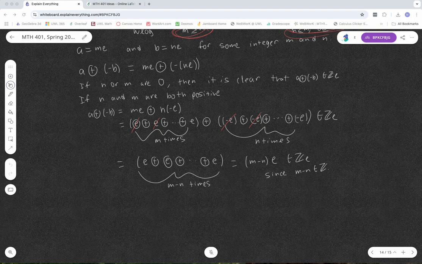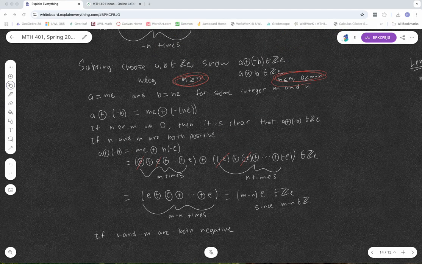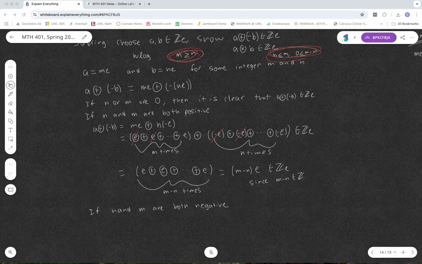If they're both positive, then we get this result. If N and M are both negative, note that this only applies when they're both positive, by the way.